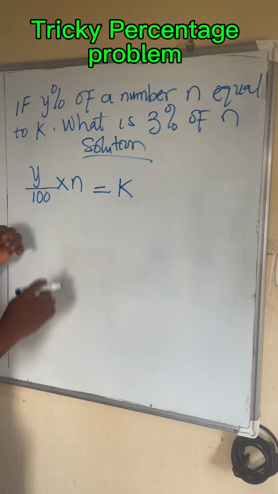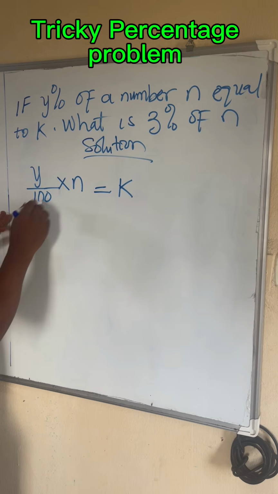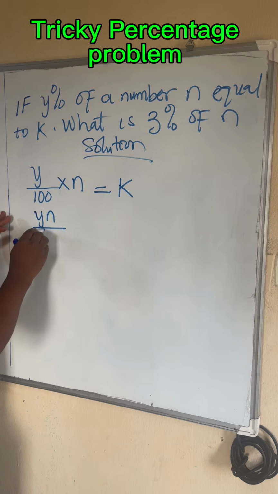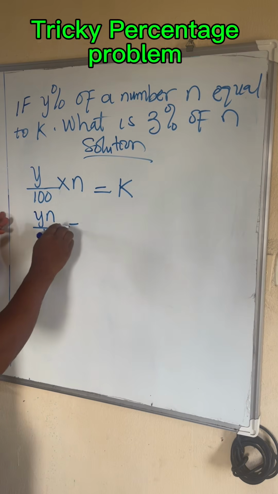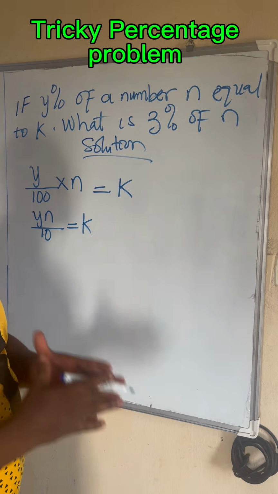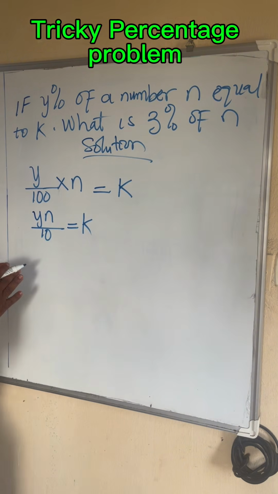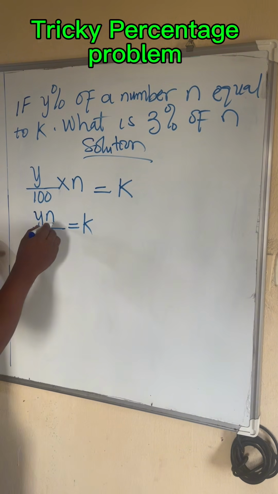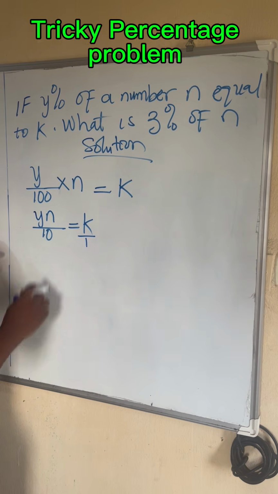Now if we solve this, we have that yn all over 100 is equal to k. Let's make n the subject of the formula. By making n the subject of the formula, we have y over 1, crossing the equality sign.